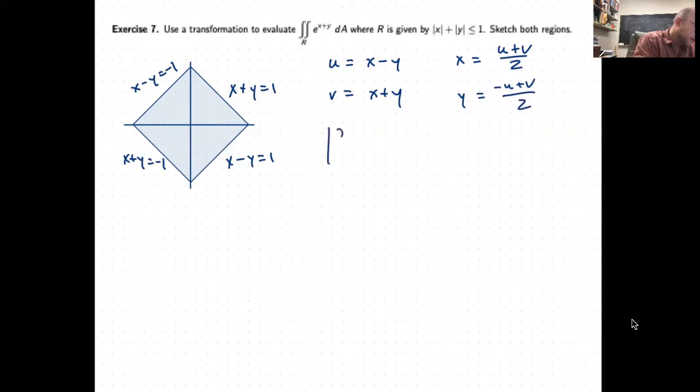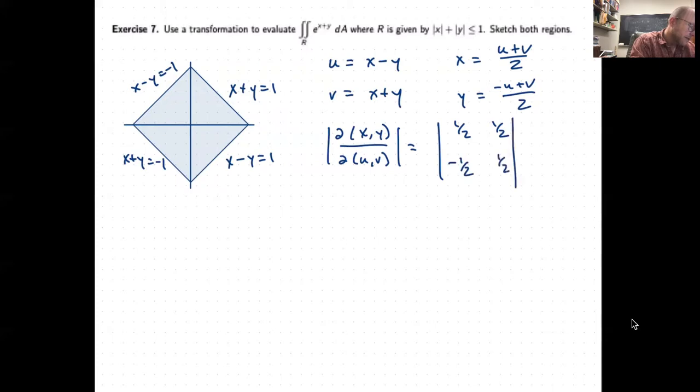Okay, so our partial of xy with respect to uv then is going to be equal to the 1/2 up top is no problem, but the minus 1/2 plus 1/2 here means that you have the 1/4 minus a negative 1/4. So we end up with a positive 1/2. By the way, dropping the negative on this problem would cause you to get a 0 out of the Jacobian.